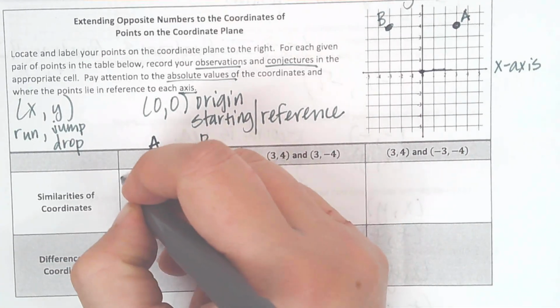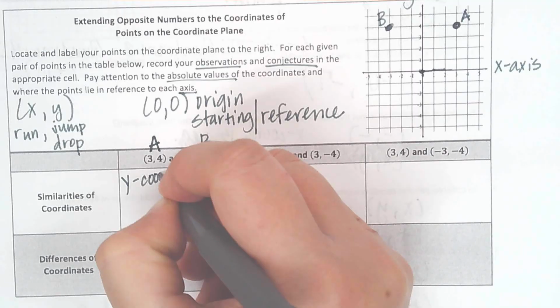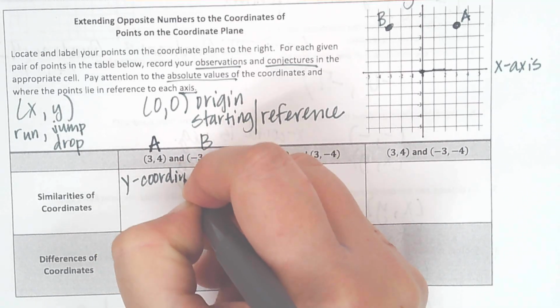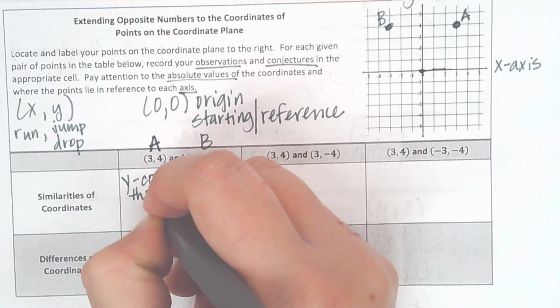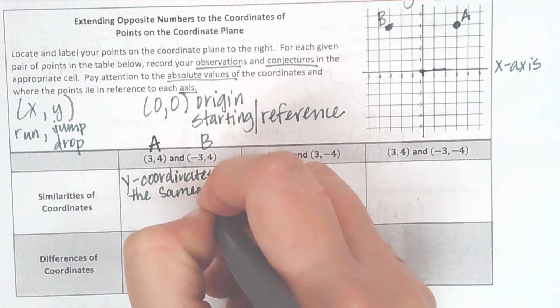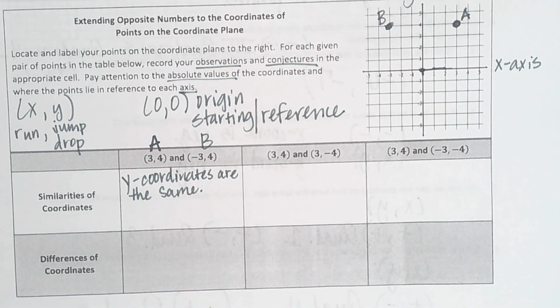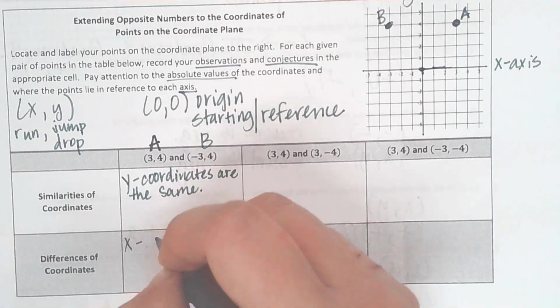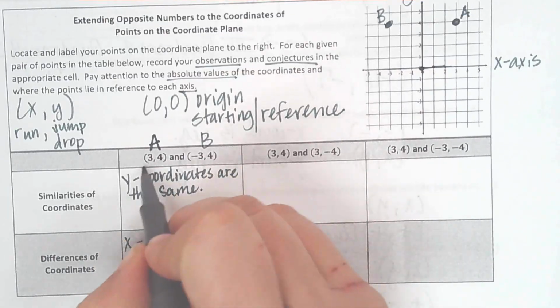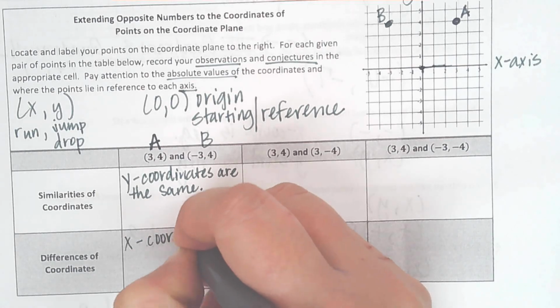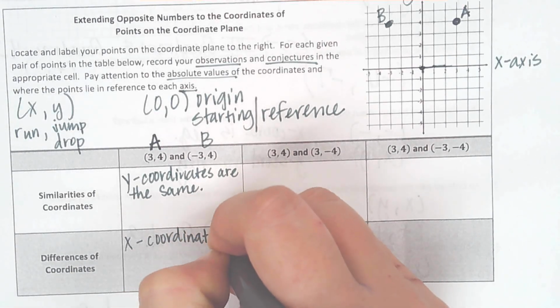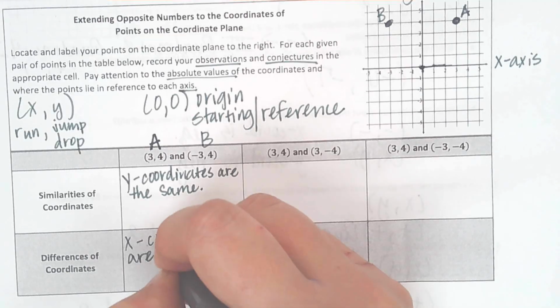Y. So the Y coordinates are the same. Well, what's the difference of the coordinates? Okay, we could say they're not the same, but what are they truly to each other? Opposites. The X coordinates are opposite.